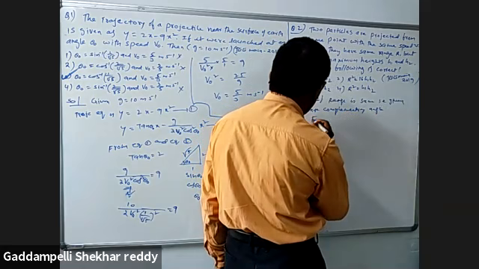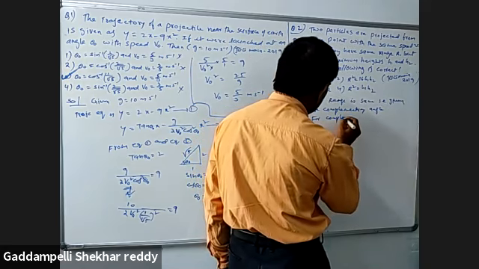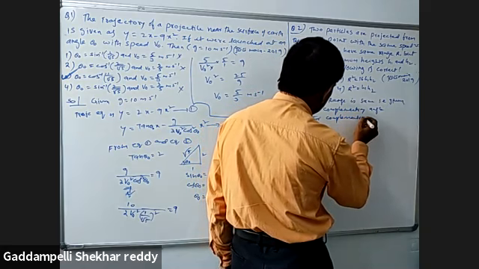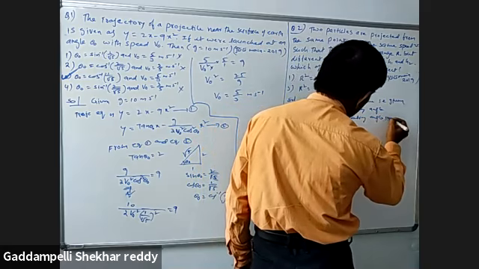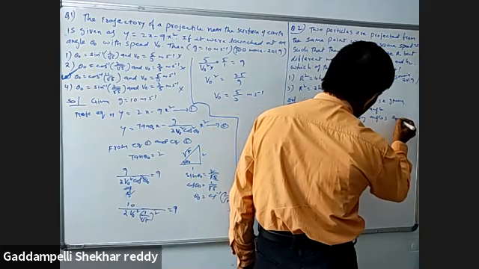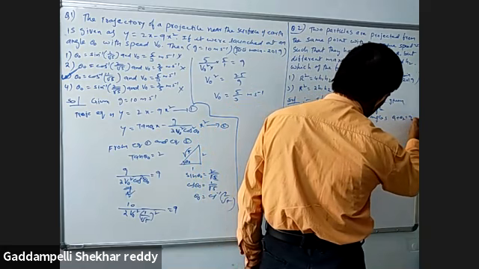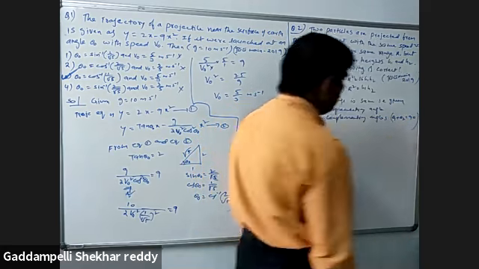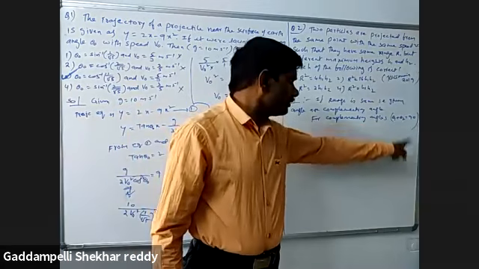For complementary angles, theta 1 plus theta 2 is always equal to 90 degrees.